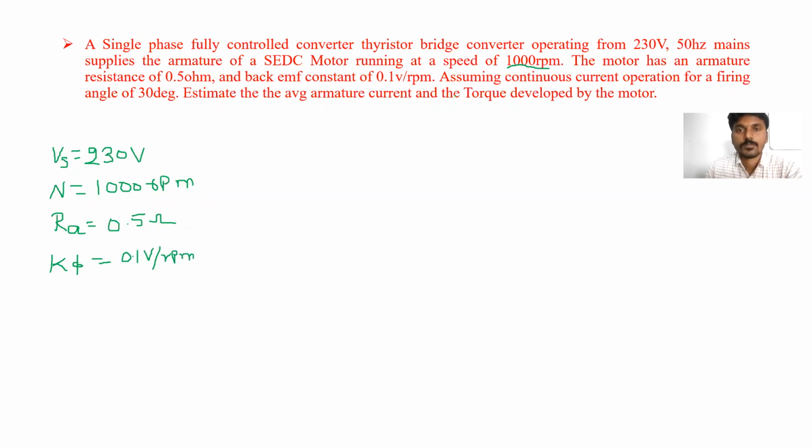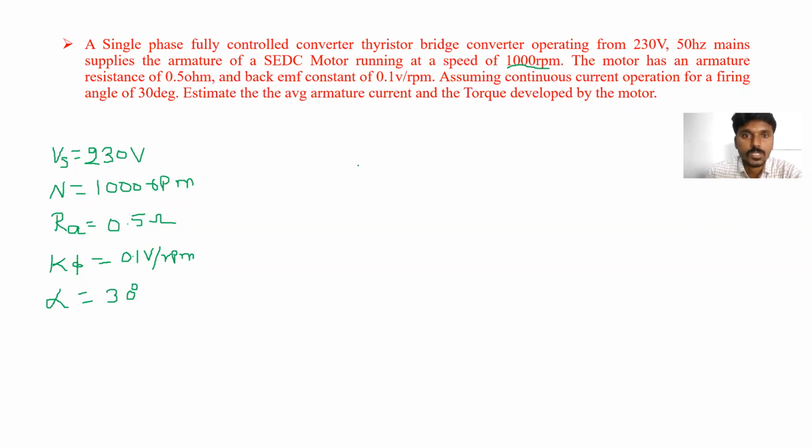Okay, so assume continuous current operation, and the firing angle is also given, alpha is equal to 30 degrees. So everything is given in the numerical: speed, firing angle and supply voltage.